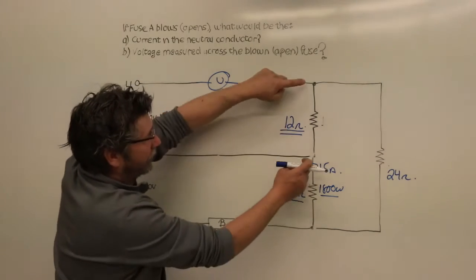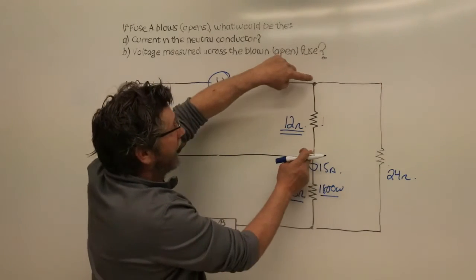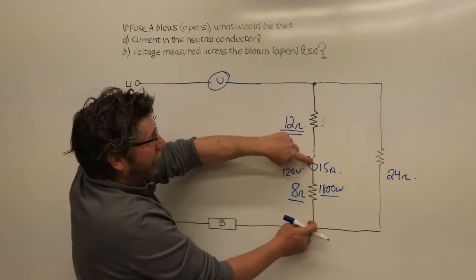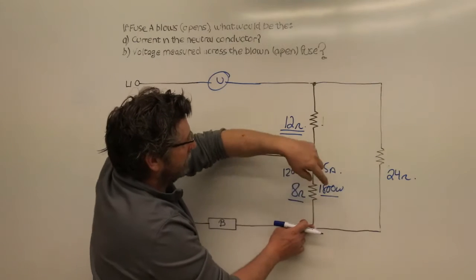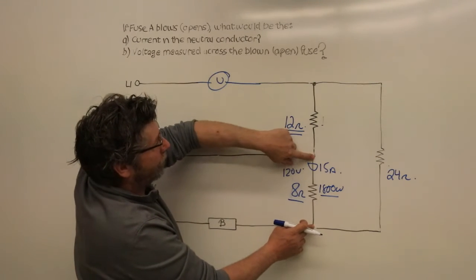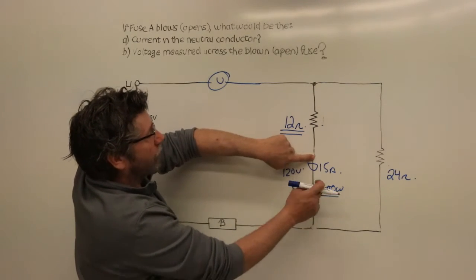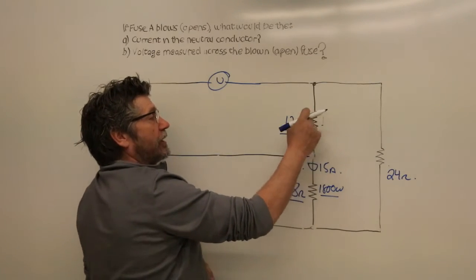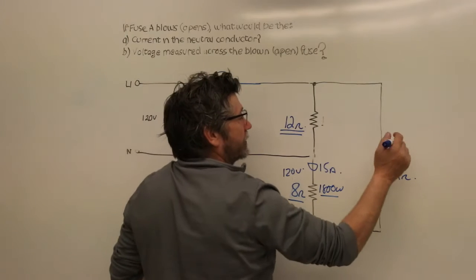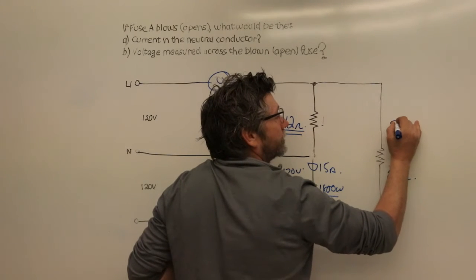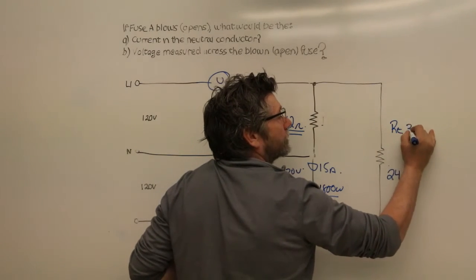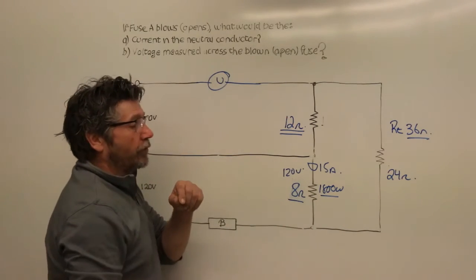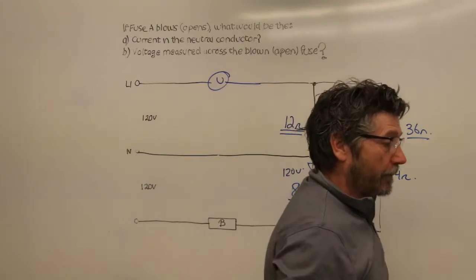Now this, however, used to have 240. Now, if we look, this is a series circuit with 120 over the whole mess. So 12 and 24 is the total resistance of this branch. 12 plus 24 is 36 ohms. 36 ohms over 120 volts causes what kind of current to flow?